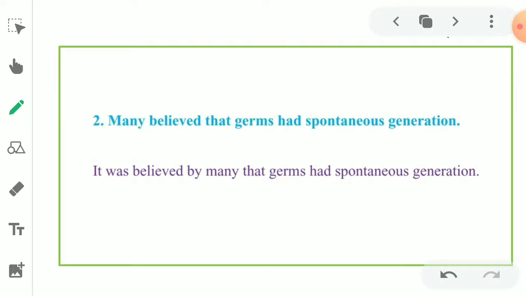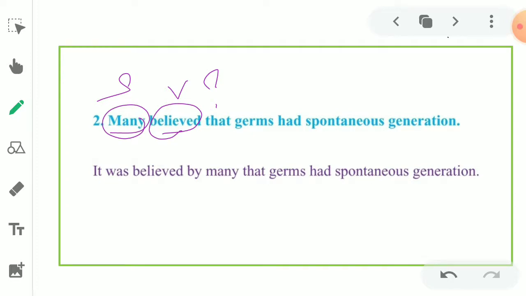Many believed that germs had spontaneous generation. Here, many is the subject, believed is the verb. But we don't have an object here. Got it?